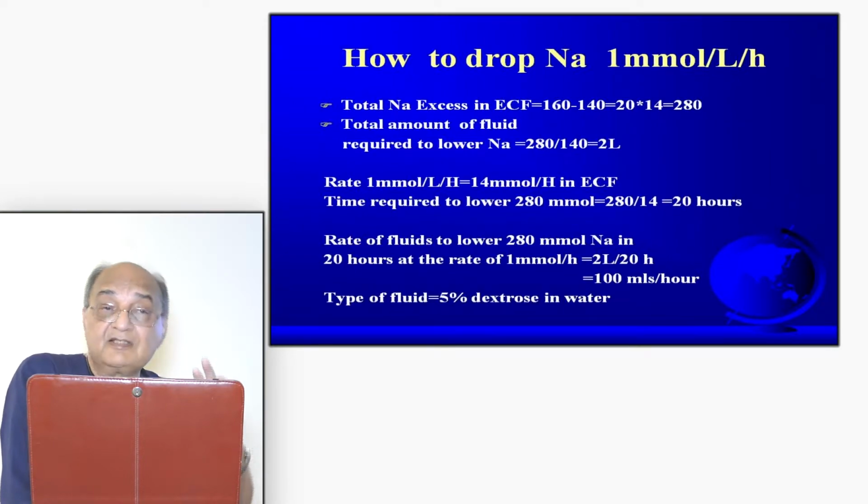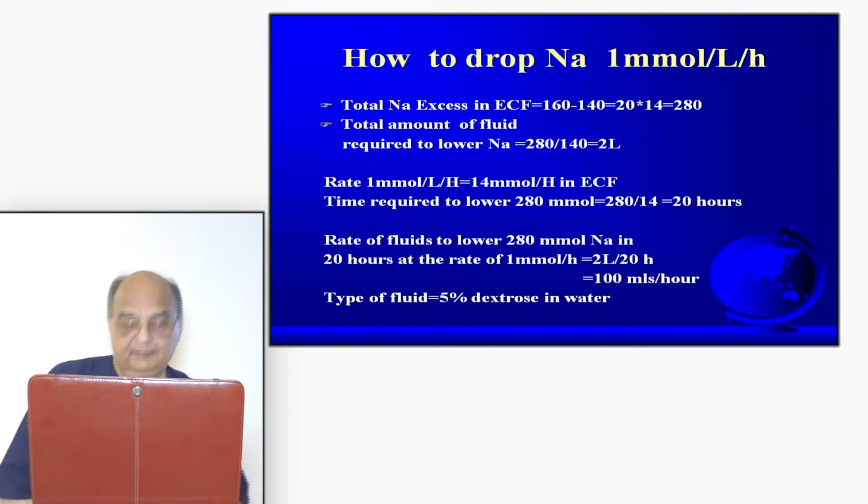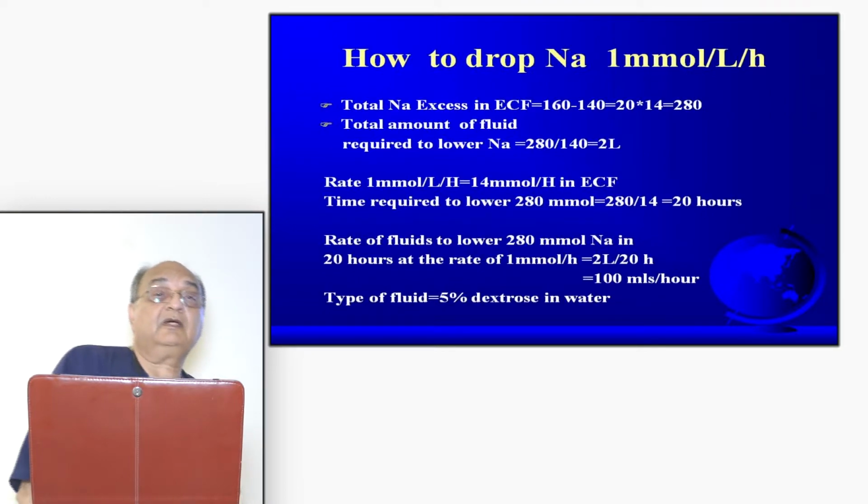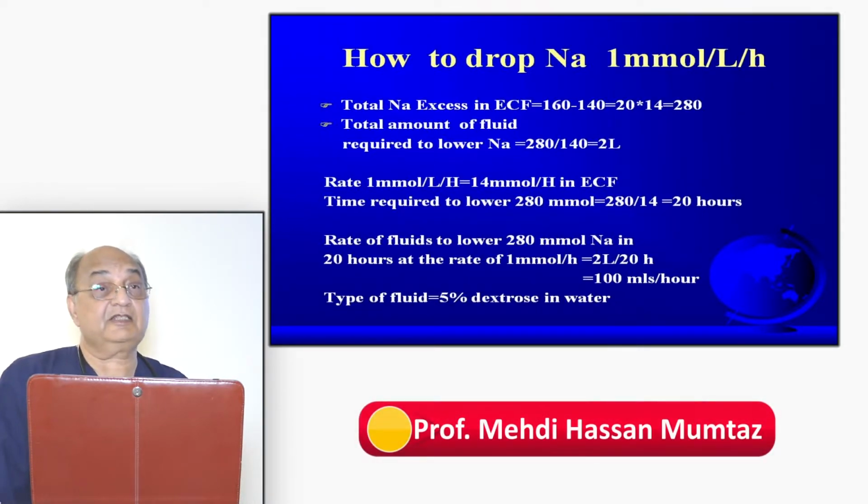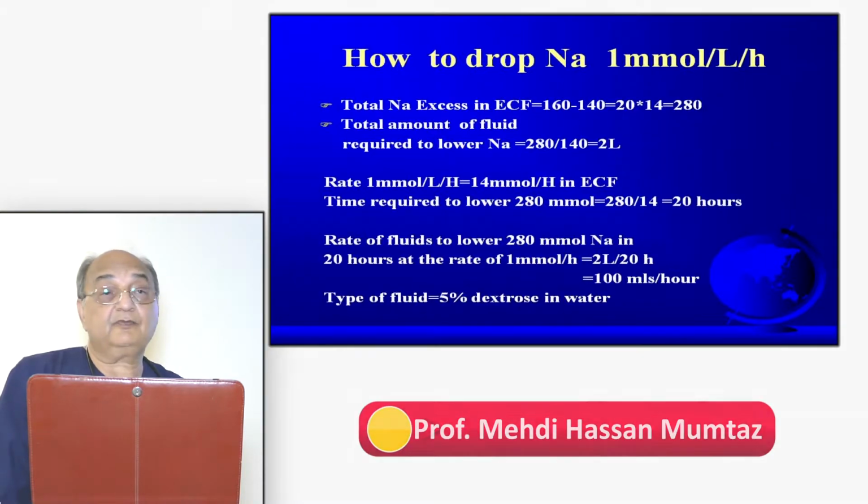Because if you go faster than this, it will quickly lower the osmolality outside the cell. When you lower the osmolality quickly, the inside of the cell is still high, so the water starts going inside the cell. That's why when we treat ketoacidosis or hyperglycemia, we don't correct it very fast.